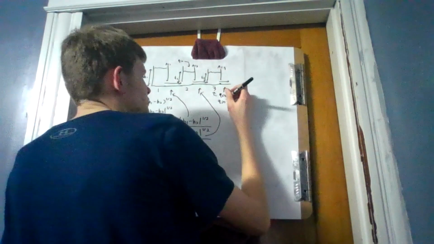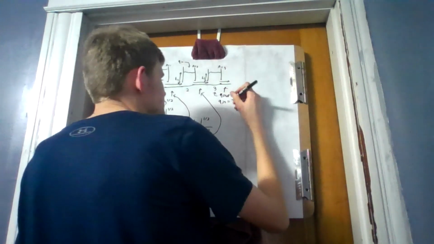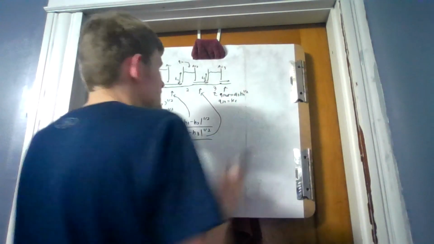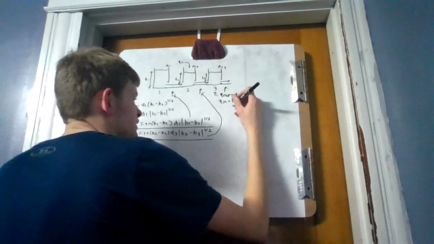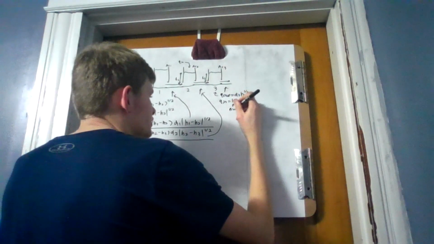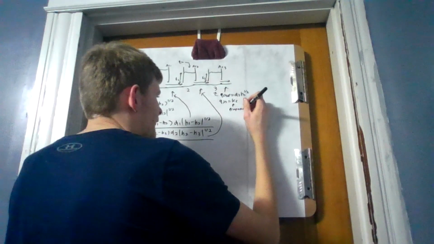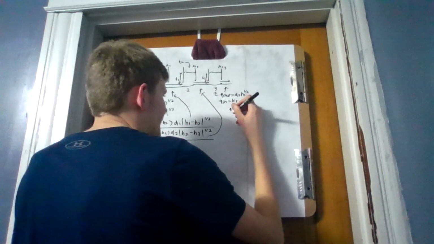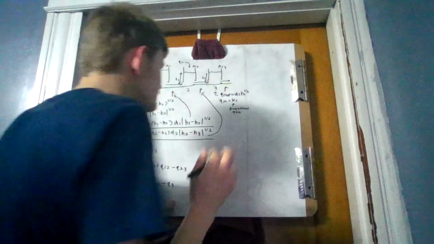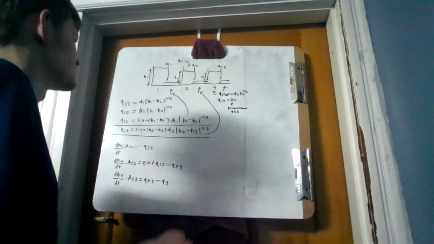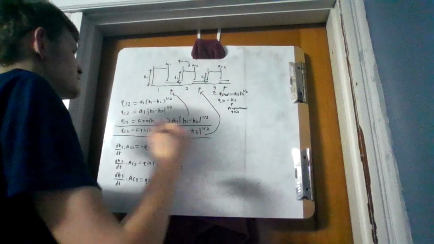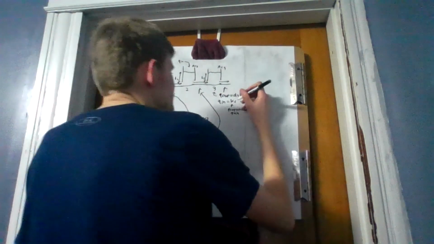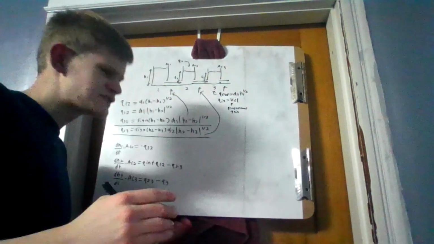So what we want to do is set that equal to Kc, and Kc is just a value that represents our proportional gain between tanks 2 and 3.